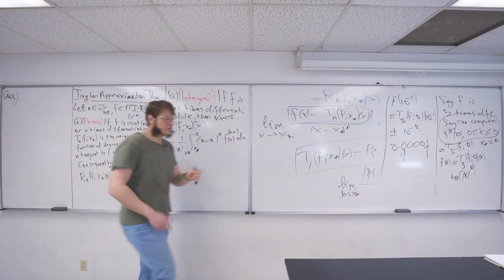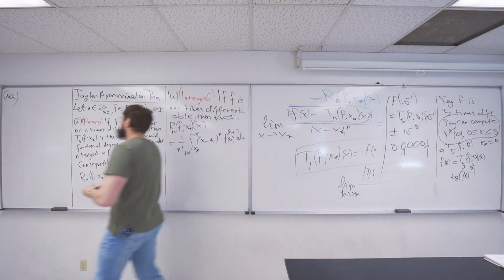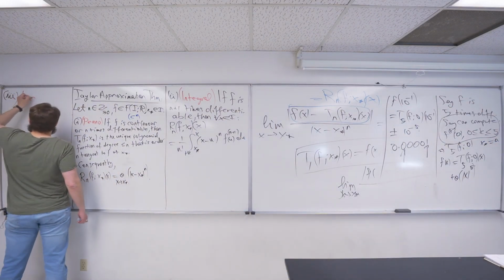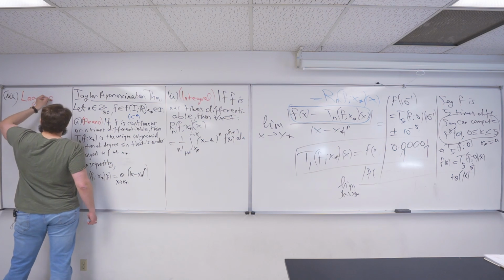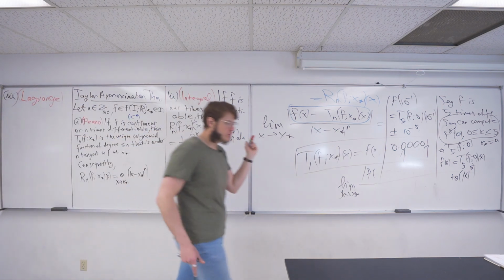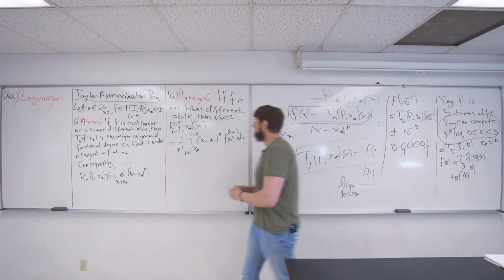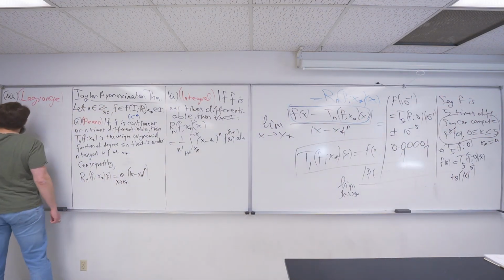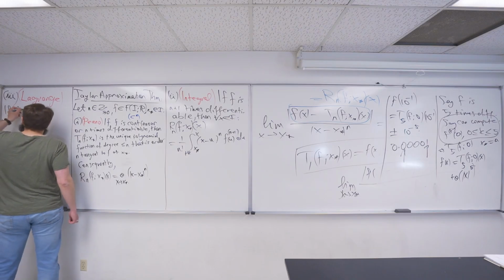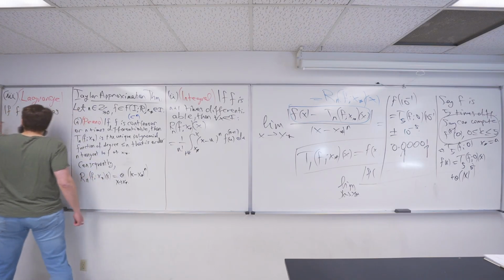This third item is called the Lagrange form of the remainder. Again, I'm going to assume more than just n times differentiability. I'm going to assume n plus 1 times differentiable.